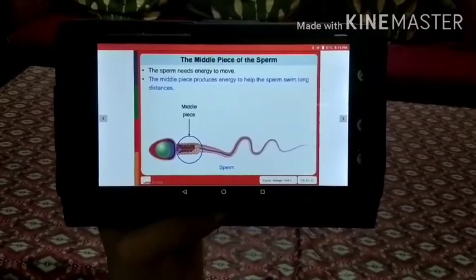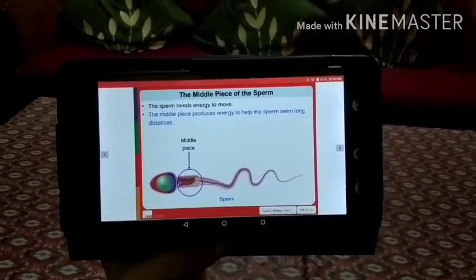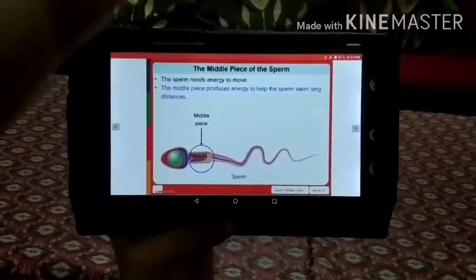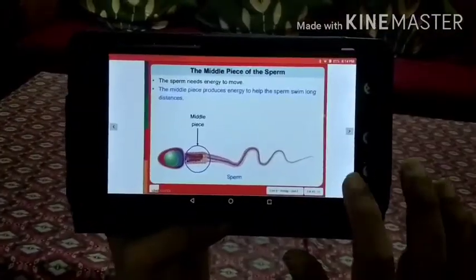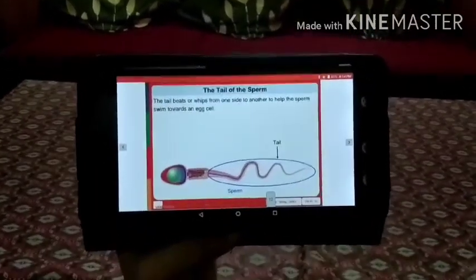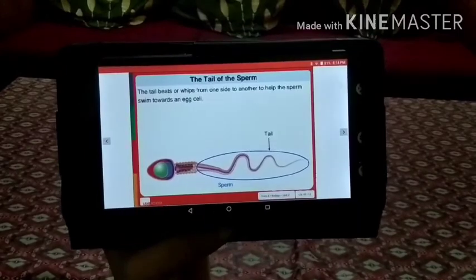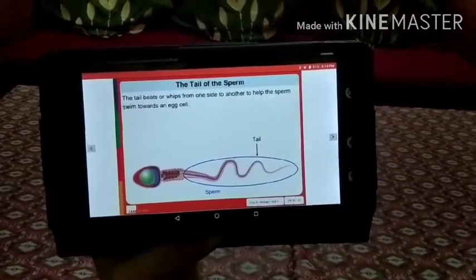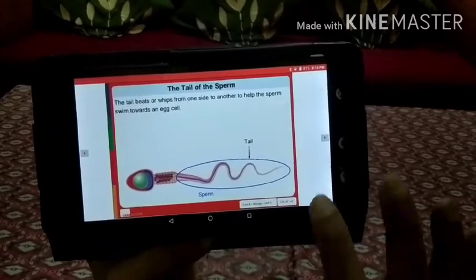The sperm needs energy to move. The middle piece produces energy to help the sperm swim long distances. The tail beats or whips from one side to another to help the sperm swim towards the egg cell.